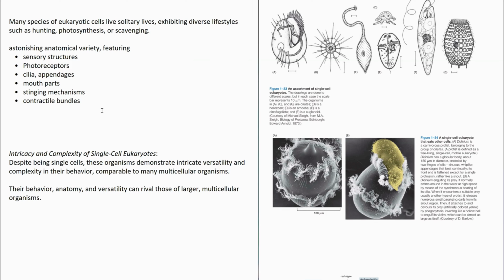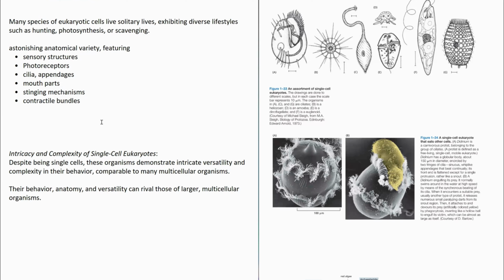You can see some of these single-cell eukaryotes with such diverse structures. You can have sensory structures like fine hairs to detect a change, like wave motion in the water, or photoreceptors picking up a particular molecule.